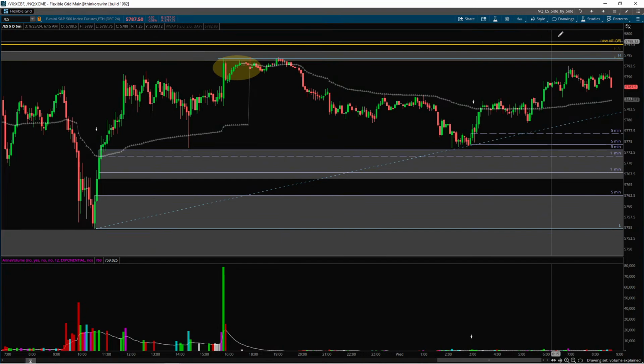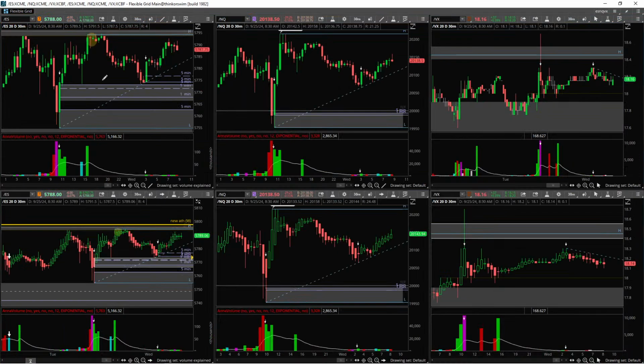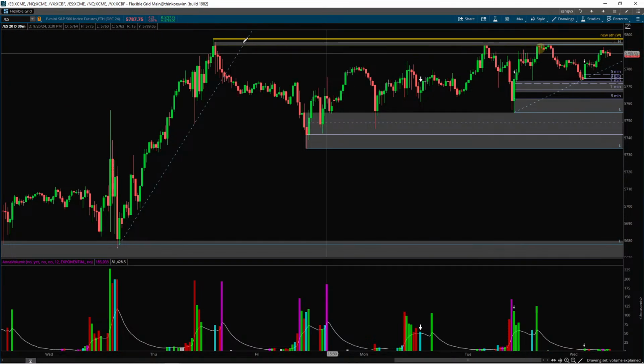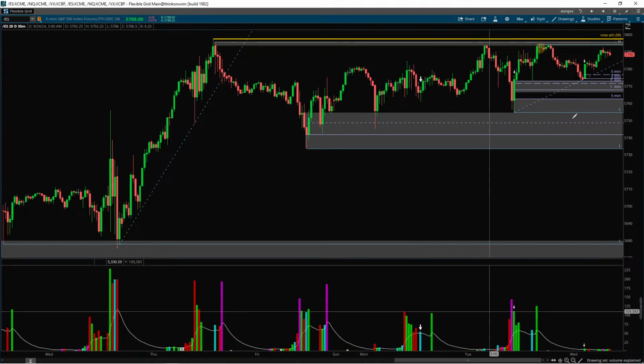We are still near the high of days. We have been holding it pretty well. As you can see, our high day was September 19th, and we just been holding it for the last 1, 2, 3 days. All right. So trying to see if buyers can push price higher.